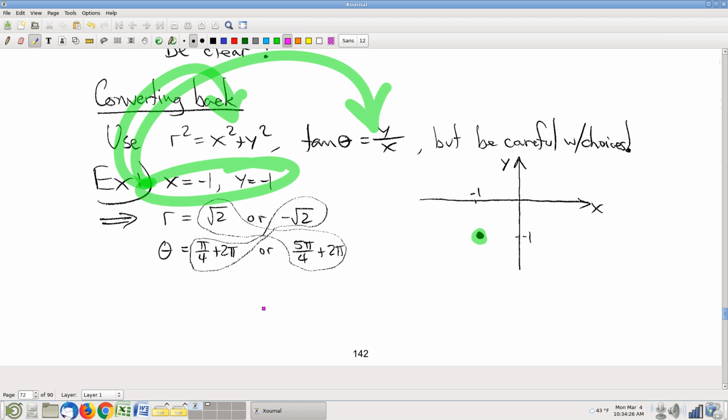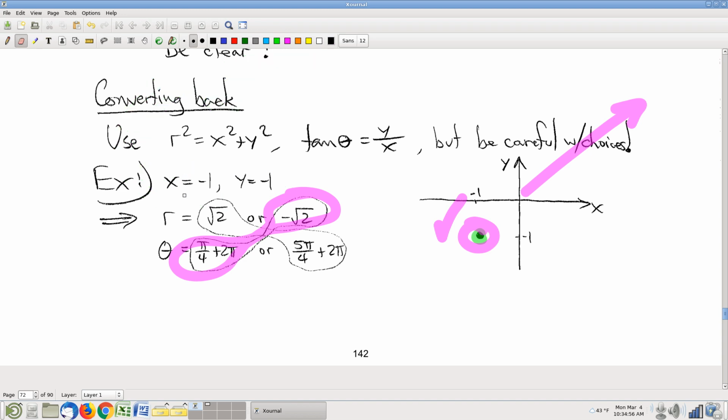To get the point that we're looking at there, you can think of this as 5 pi over 4, magnitude square root of 2. That gives you the right point. Or you can think of it as pi over 4, and this is weird because you think pi over 4 is in that direction, but with r of negative square root of 2, that still gets you back to the right point. All right, so anyway, don't be too casual about converting back to determining polar coordinates.